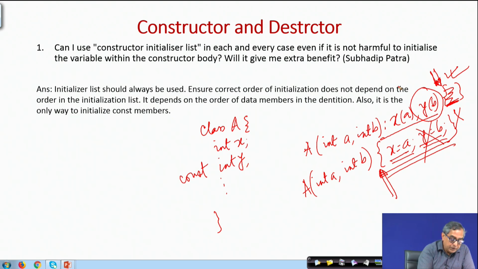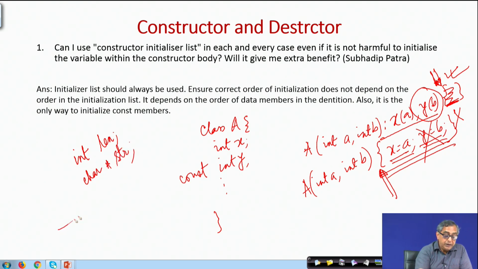Another case: suppose I have a dynamically allocated array in my class. So, I have one variable len, and then I have char star str. Right. So, what will this allocation mean?